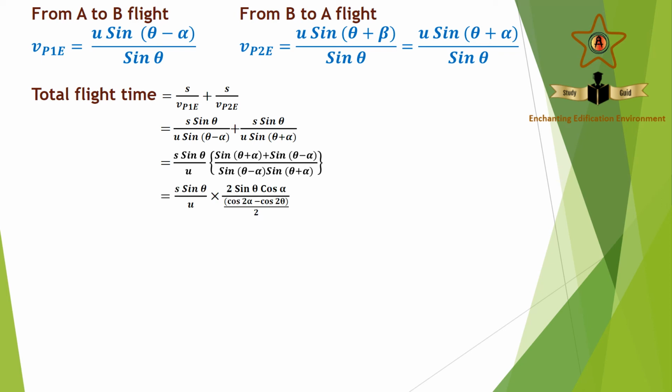Then we can apply the sine addition rule in the numerator and the product rule in the denominator. So the numerator becomes 2 sin theta cos alpha and the denominator becomes (cos 2 alpha minus cos 2 theta) over 2.